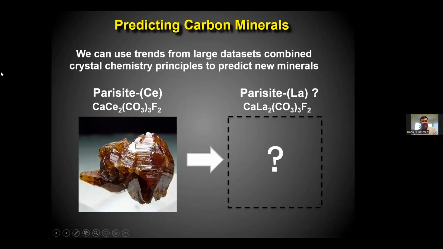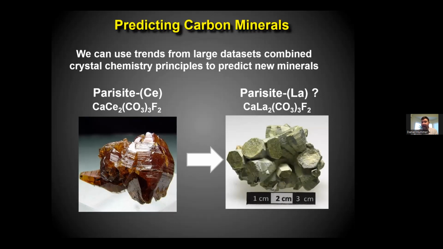So it stands to reason that if parisite-(Ce) exists, if we simply substitute that with another rare earth metal, its neighbor on the periodic table, lanthanum, it's reasonable to guess that we should also have that mineral existing in some other location that just has a slightly different distribution of rare earth metals. And so one of the specific predictions that we made was that this and a handful of other minerals that contain these rare earths should exist in some deposit somewhere.